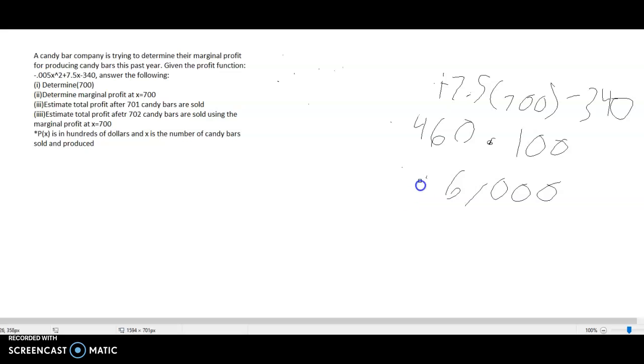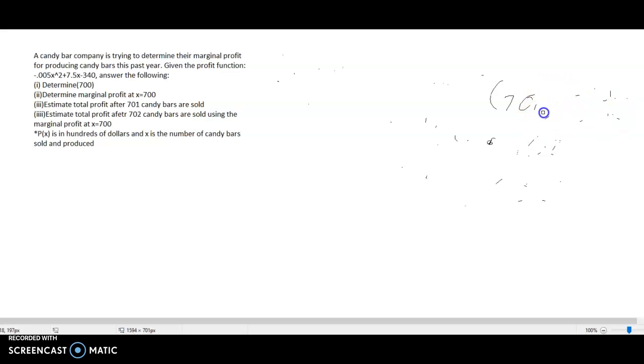Once we find that, it'll tell us the change in profit of the x plus 1th item, in this case the 701st item. For number 2, you have to start off by taking the derivative, because that will give us our marginal profit function.